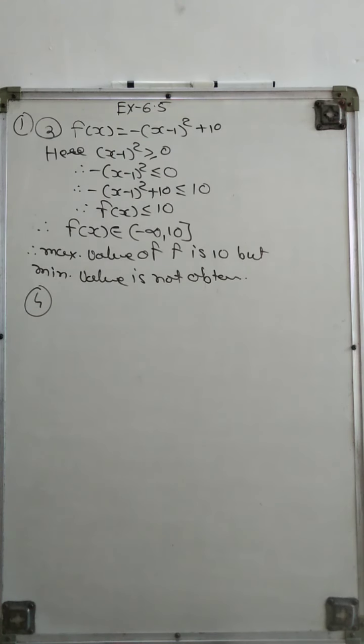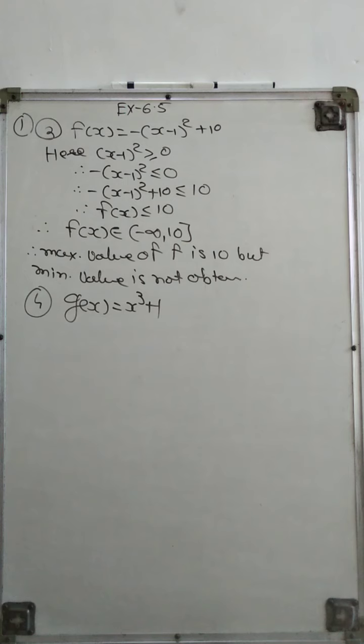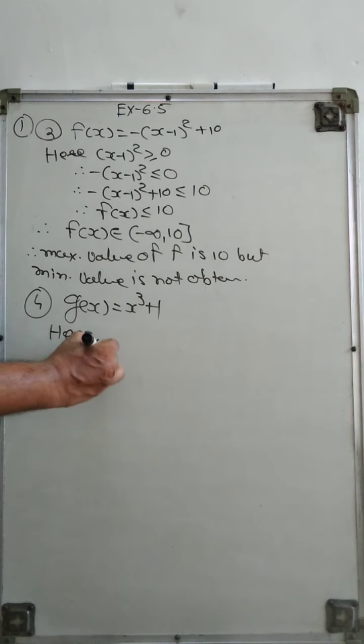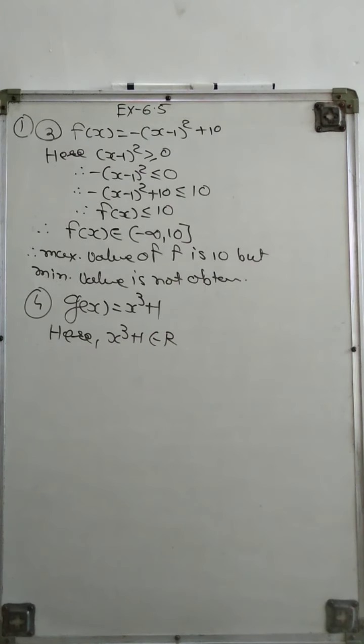Then fourth. In fourth, g(x) equal to x cube plus 1. So here x cube plus 1 belongs to R. Therefore, we cannot find the maximum or minimum value.